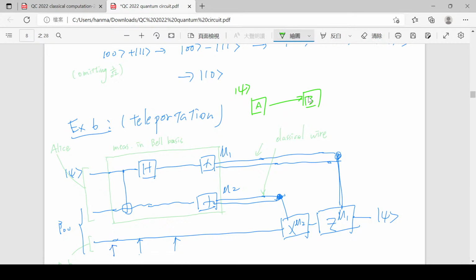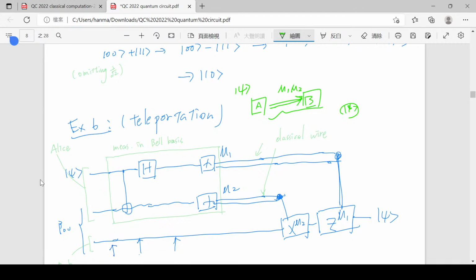She has some state ψ here, and she wants to send it to Bob, but they only have classical communication. Let's say classical communication is a double line, and Alice is going to send 2 classical bits, M1 and M2, to Bob. They also pre-share some entanglement, and Bob is going to get this ψ at the end of the protocol. Okay.